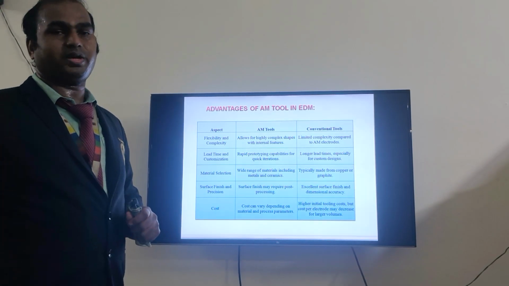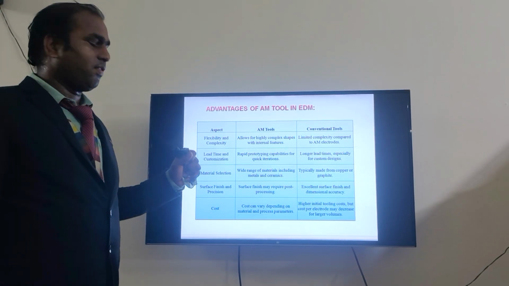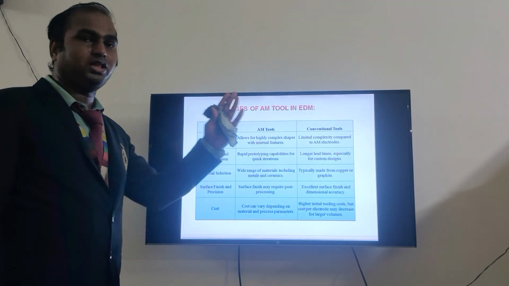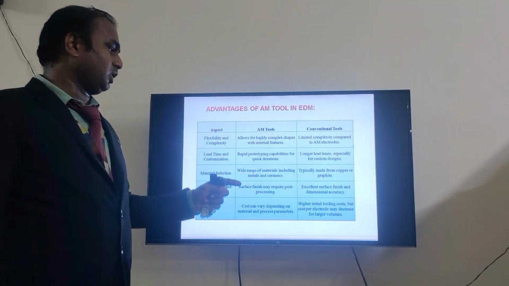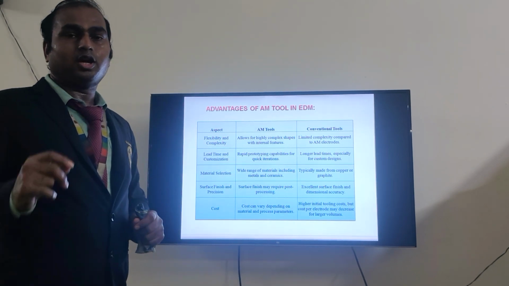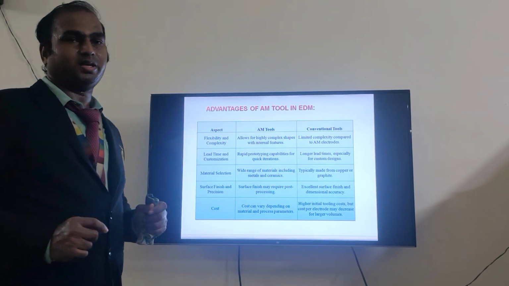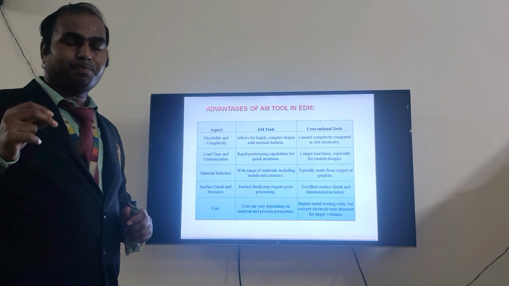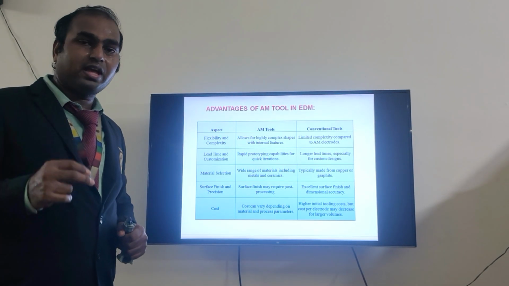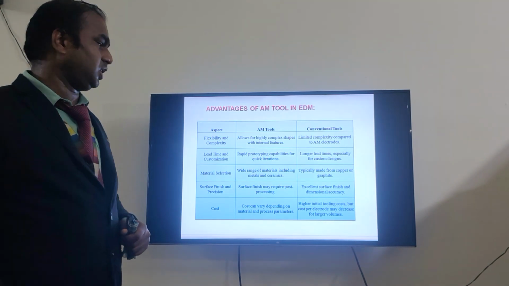Next is lead time with customization. Compared with the conventional tool, rapid prototyping plays a vital role in 3D printing technologies, which we cannot do with the normal conventional tool.